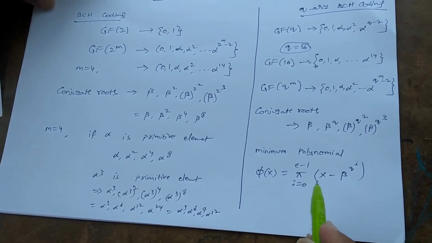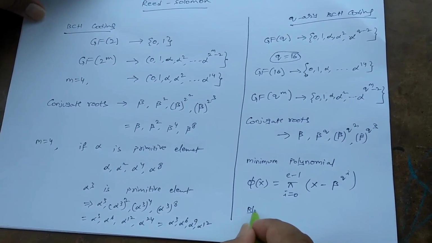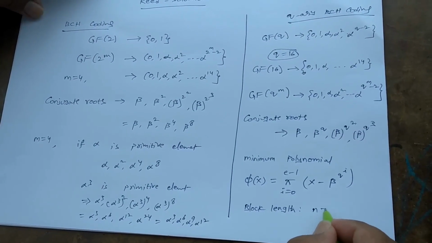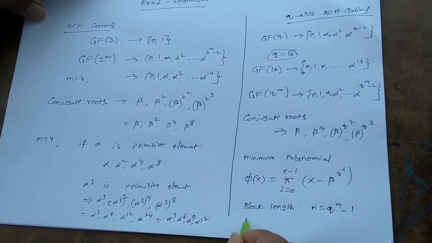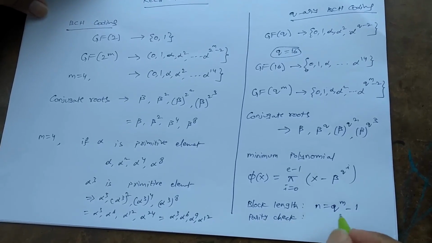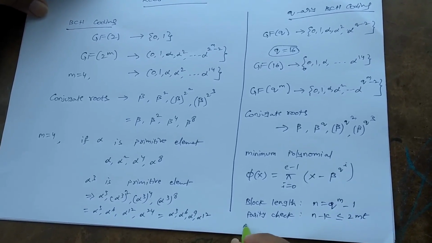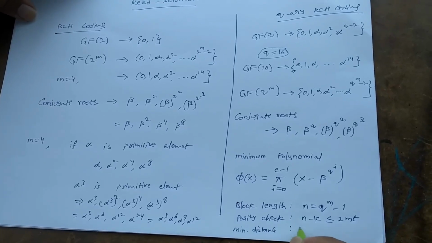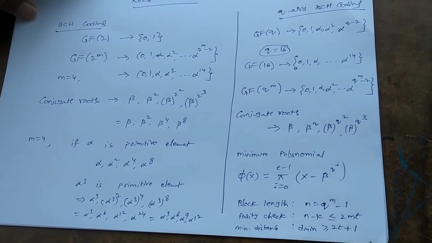The parameters of Q-ary BCH coding are: block length n equal to q power m minus 1; parity check n minus k less than or equal to 2mt; and minimum distance d minimum greater than or equal to 2t plus 1.